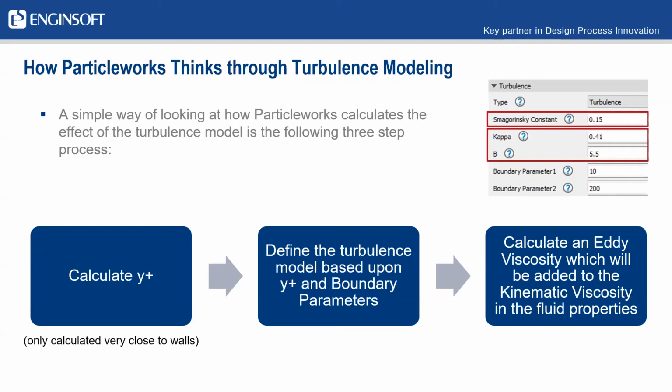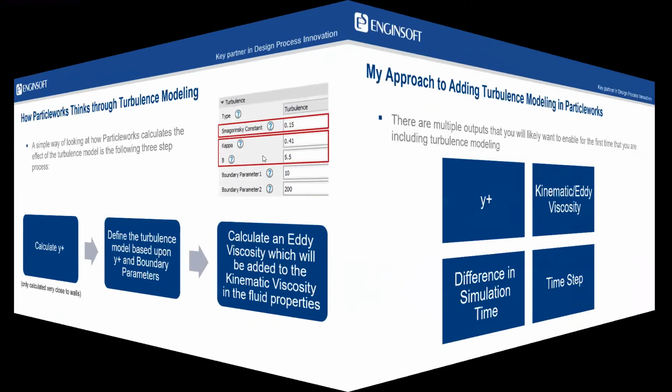That eddy viscosity is then added to the kinematic viscosity in the fluid properties. Now, this is a fairly expensive calculation for Particleworks to carry out, and as a result, it does significantly increase the simulation time, but it is fairly valuable in certain applications.